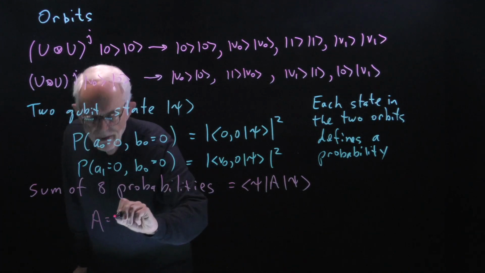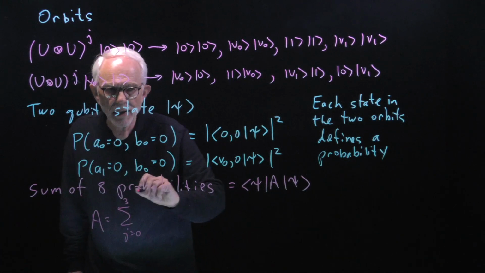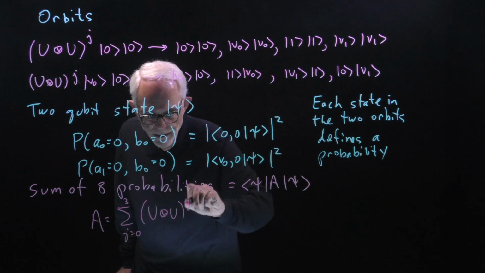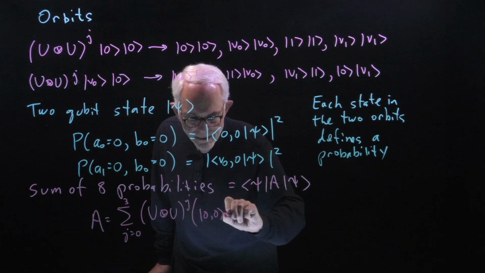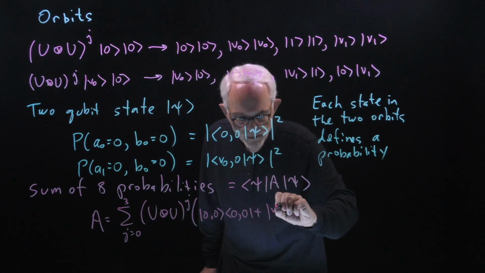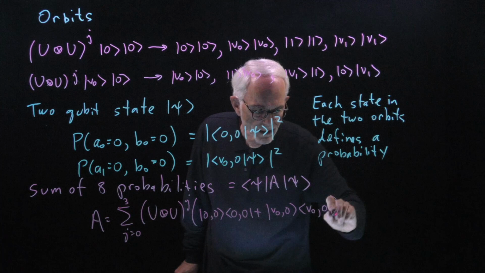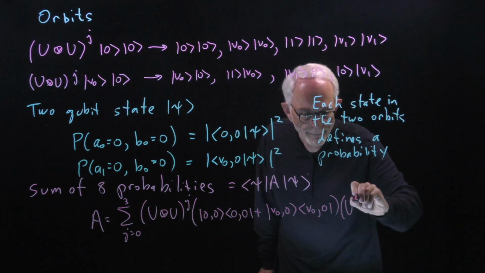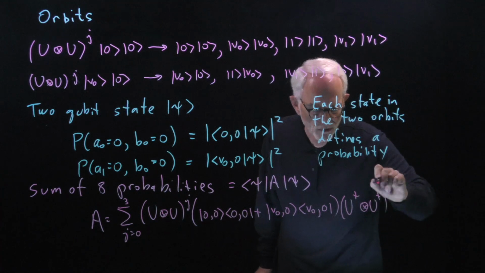It's going to be the sum from j equals 0 to 3 of U tensor U to the j, then my 2 orbits: 0, 0, 0, 0, plus the other one, V0, 0, V0, 0. And then I have to do the U's again: U dagger tensor U dagger to the j.